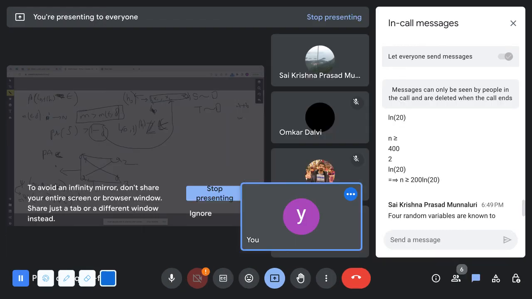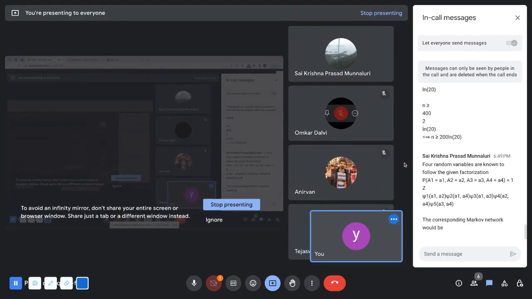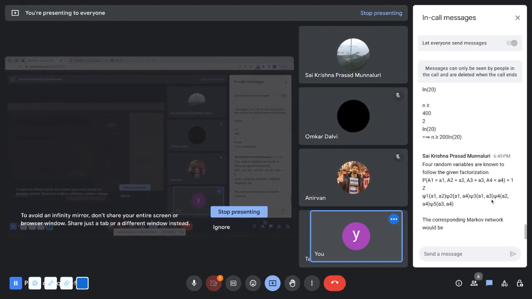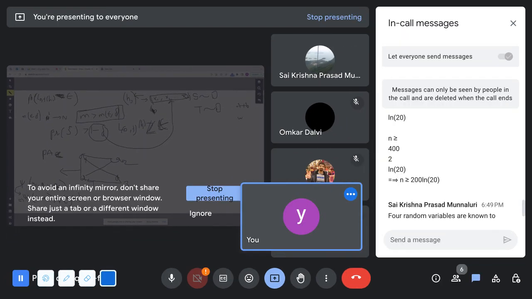Is there A1, A4? A3, A2, A4, A3, A4. Yeah, what I did not get is what the question is then. This satisfies that potential equation, right? Yes, this is the solution.